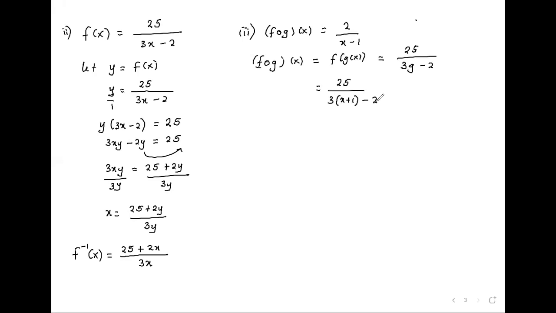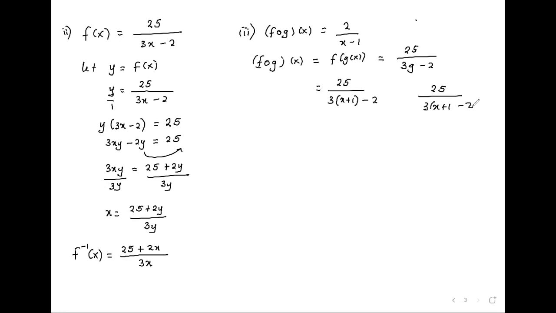The mistake that is very painful when you get your paper is where you see things like someone writes 25 over 3 and then x plus 1 minus 2. And then you continue solving going down. This becomes wrong. Your solution will be wrong.